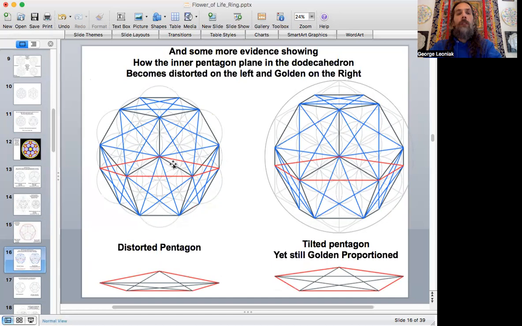If you look at the central plane of the dodecahedron. Now, the dodecahedron can be shown as being made of 5 cubes in a compound form in icosahedral symmetry. So you've got 5 cubes rotated around like that, and each of those cubes is represented by one of these edges of the blue star here, right?